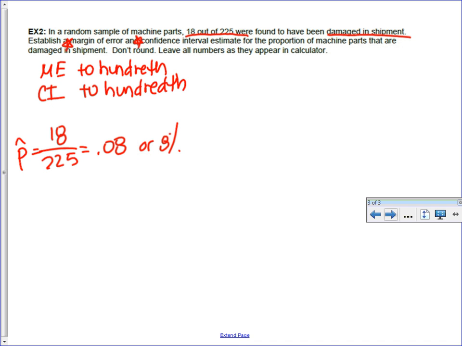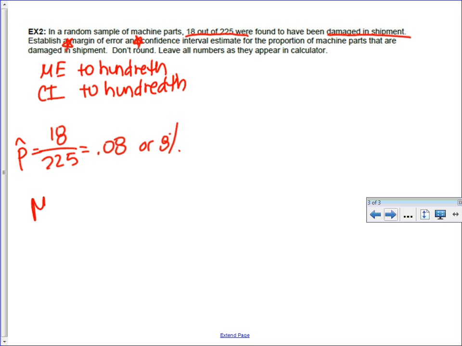So 8% of machine parts are damaged in shipment. Remember that 8% though is coming from a small sample. We only sampled 225. So in order to say something more accurate, we're going to use our margin of error and confidence interval.